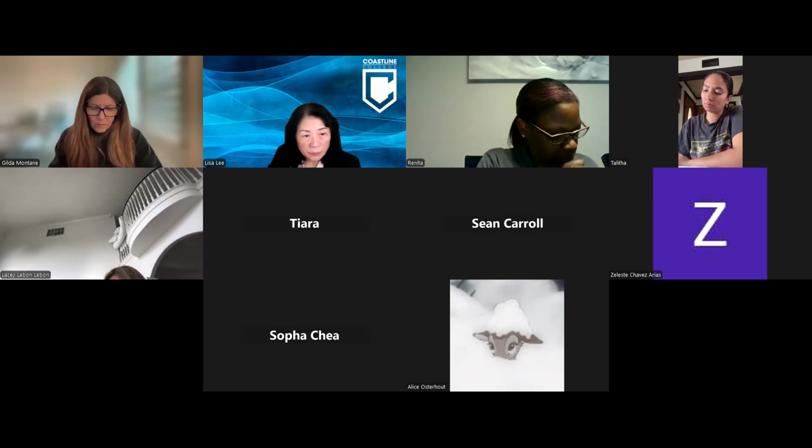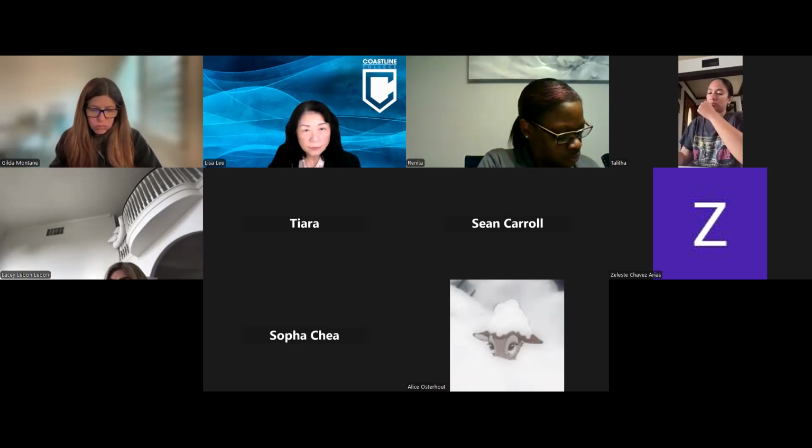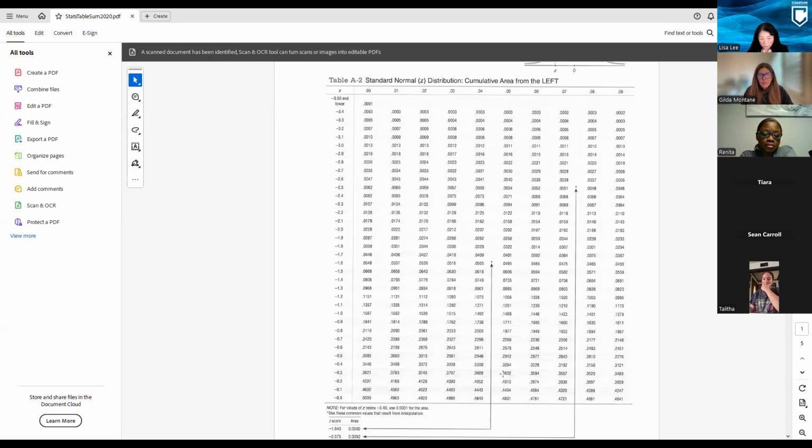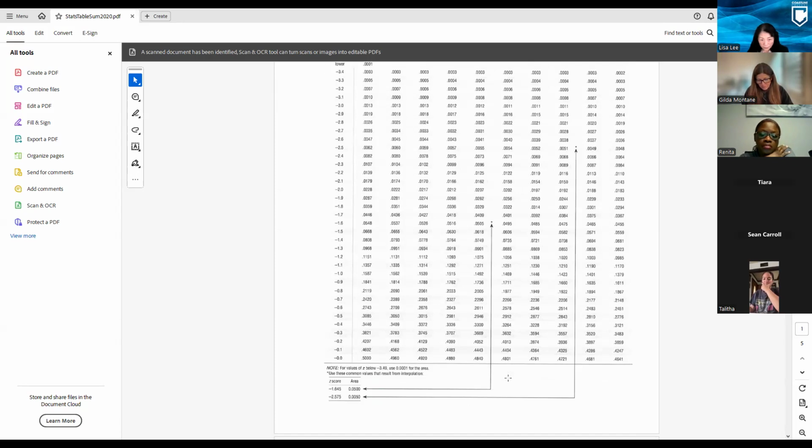So the table is this one. This is originally what I posted under announcement there. This is a negative G-score table. And this is very good to show you the critical value in between. And that one, 2.575, you see, is here. The area alpha is 0.005. That's the one I tried to show you how you find it.